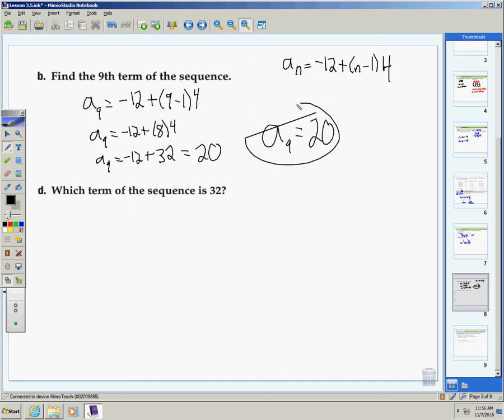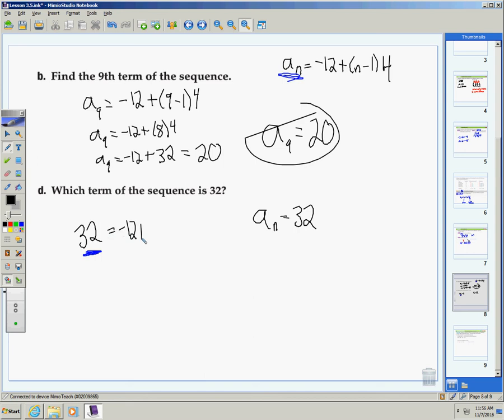And then I can say which term in the sequence is 32. Well, I want to know what is going to give me which a sub n would equal 32. So I'm going to plug 32 in for a sub n because I know this is what I want to end up with. And I'm going to say that equals negative 12 plus n minus 1 times 4. Now I'm going to solve this equation.